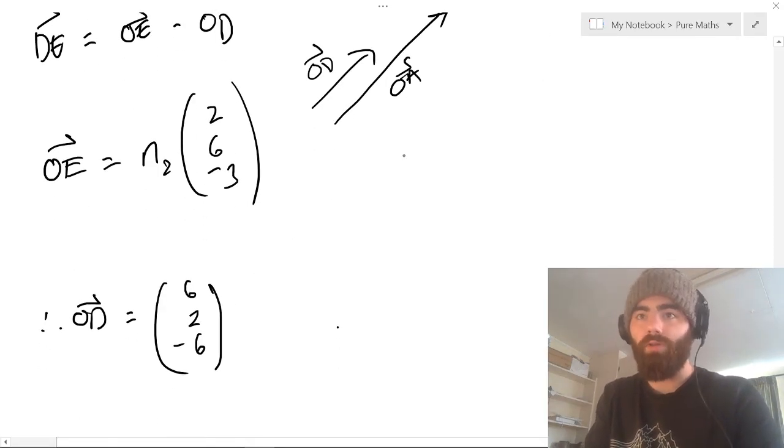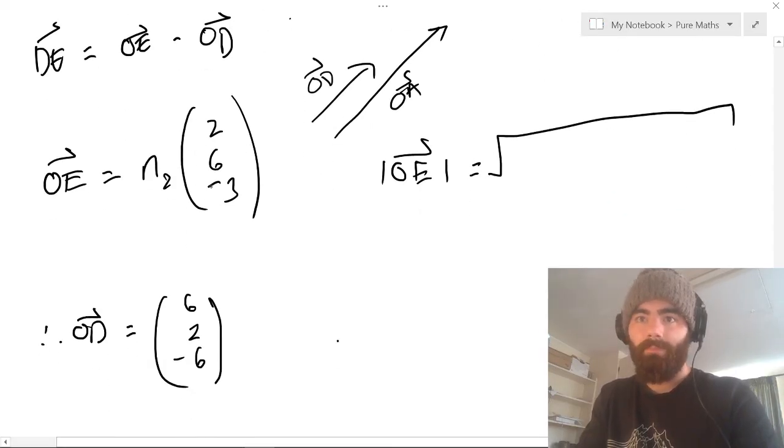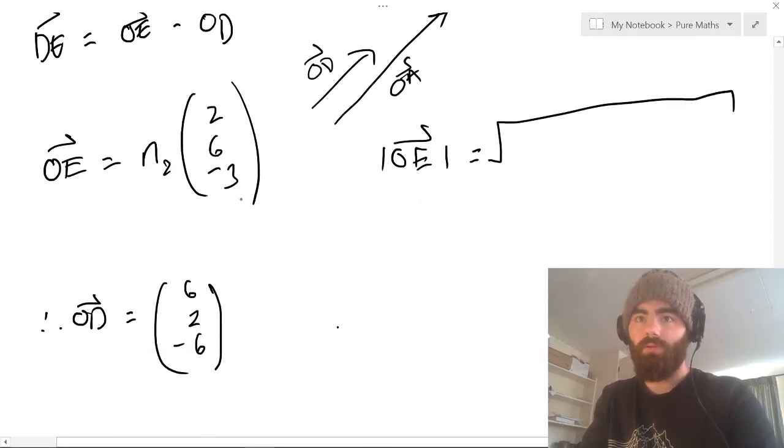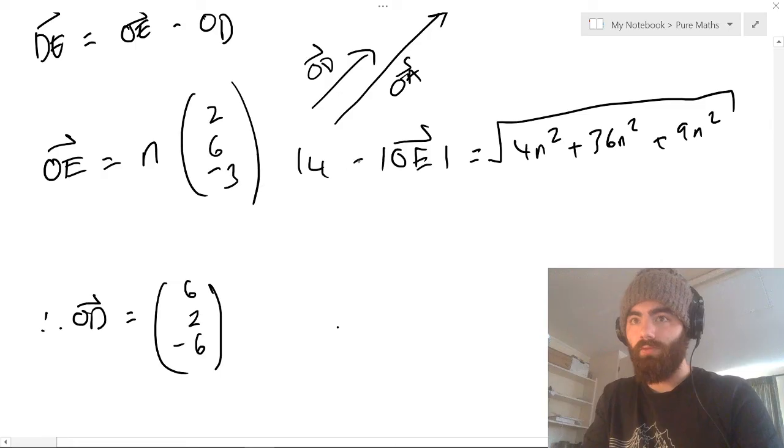Well, once again, we know that OE is equal to 14, and that also equals this thing, so it's just 4n squared plus 36n squared plus 9n squared. And remember, this equals 14, as given above.